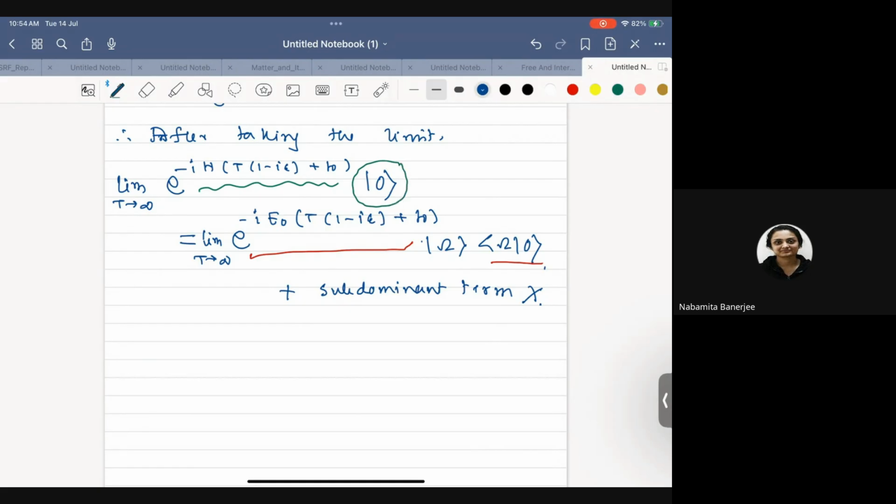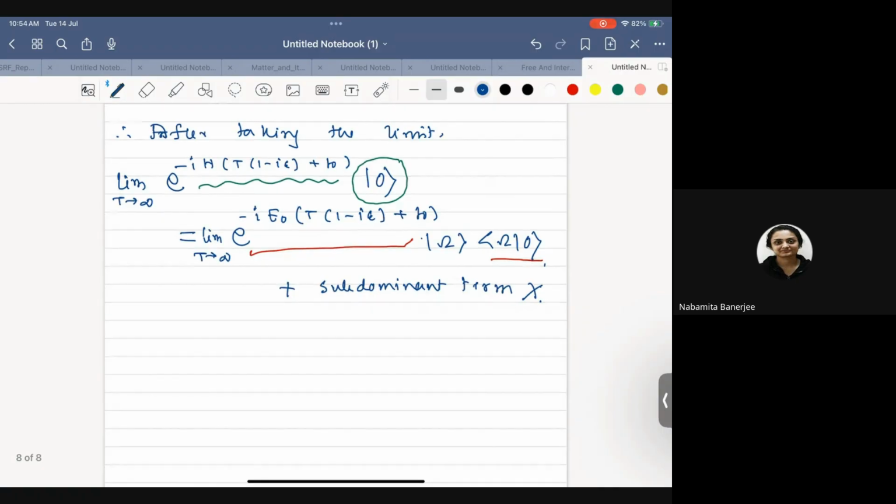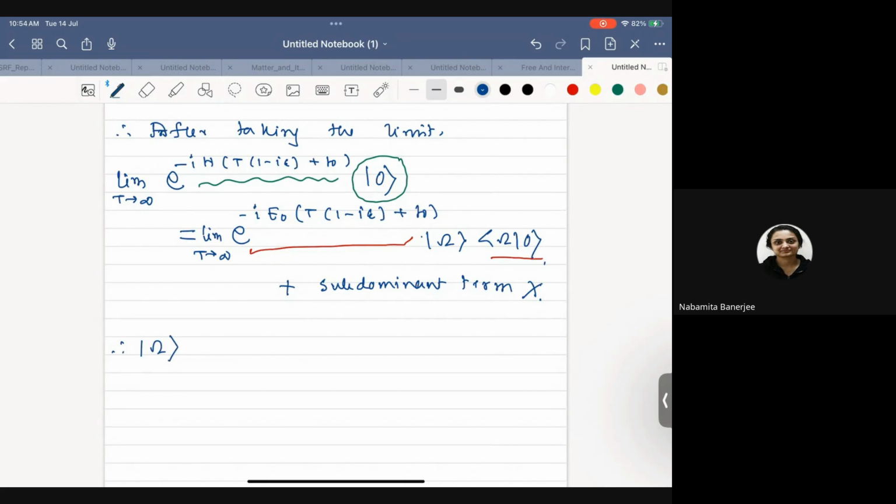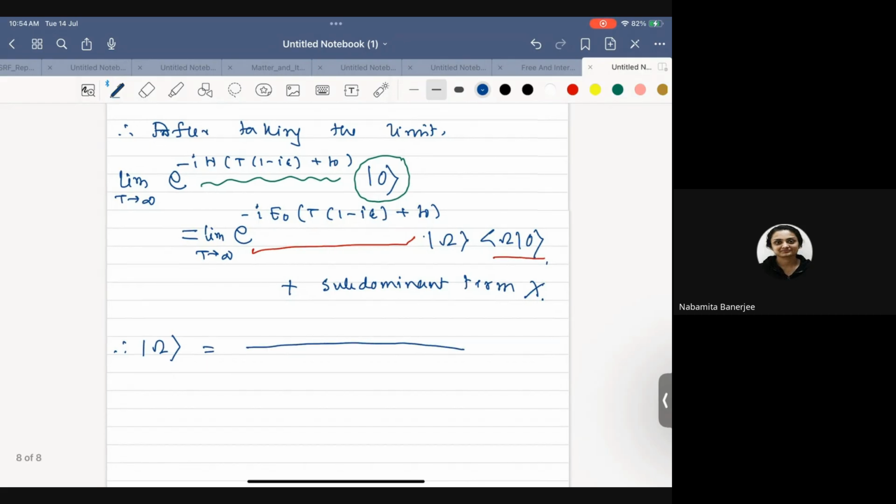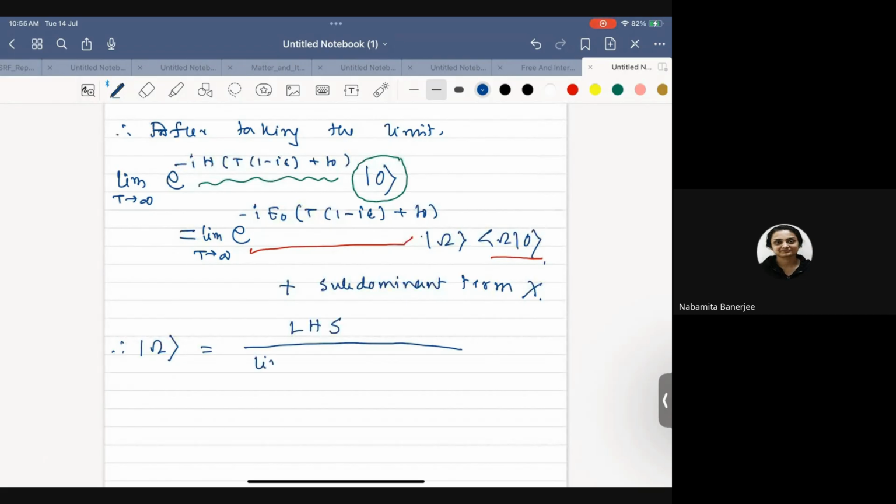So now I can write omega equal to this left-hand side by a number: limit t goes to infinity, exponential of minus i E naught t into (1 minus i epsilon) plus t naught, into this number, omega times 0. You might see it as a bit alarming because I'm defining omega in terms of omega. True, that worry is valid, but nevertheless, as an expression, this is valid. Agreed?